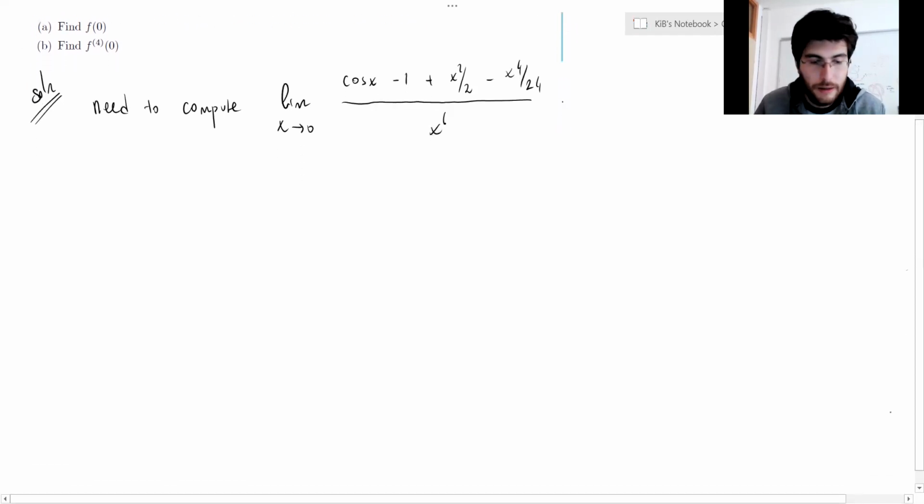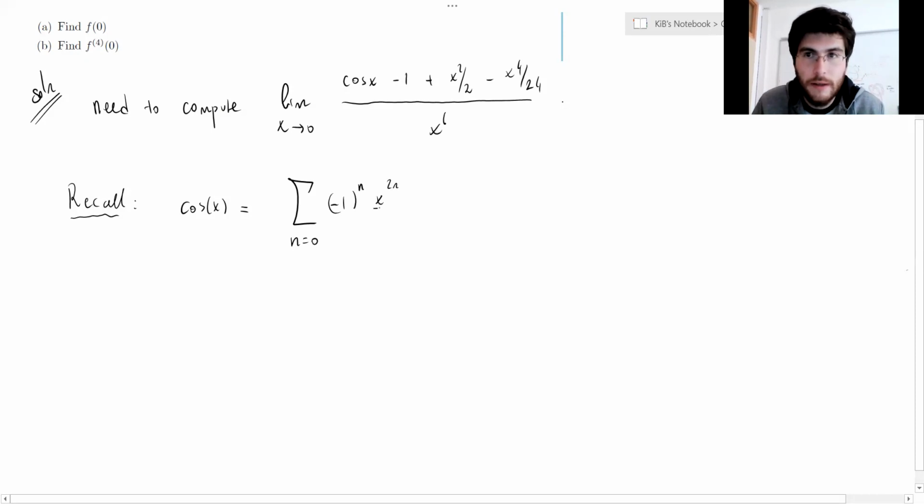But as I said, we try to use the power series representation. So we should recall the following: the power series representation of cosine x. Remember, cosine x is given like this: sum from n equals 0 to infinity of minus 1 to the n, even powered terms, x to the 2n over 2n factorial.